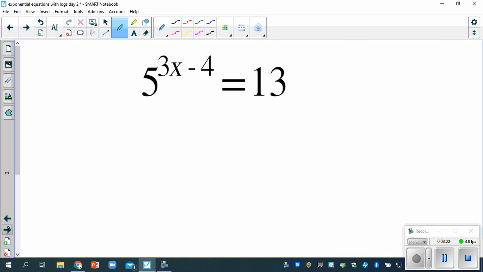so first, yeah, add 4 and then divide by 3. How much is that? And then when you divide by 3, you know what? Log 13 divided by 3. Good question. Good job on that.